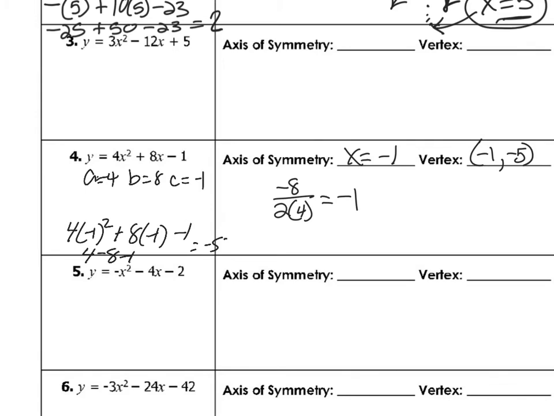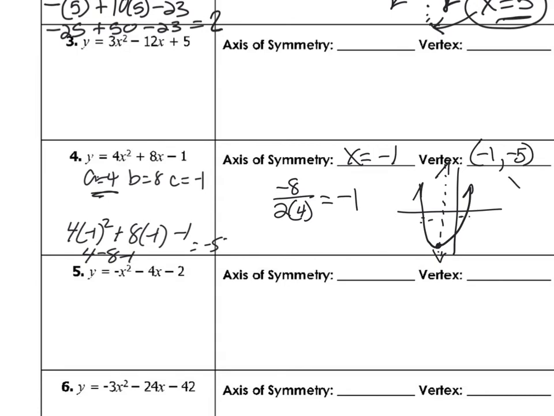Okay. So if I had a coordinate plane, then at -1 I'd have a vertical line. That's my axis of symmetry, right? And I would have my vertex down here. And I know because it's a +4 that it's going to be going upward. Now, I don't know how wide this is.